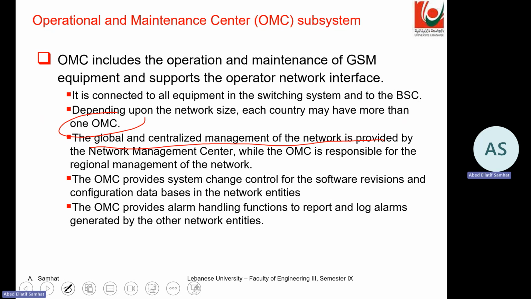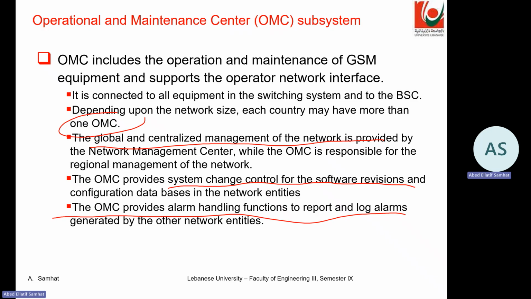So typically in the OMC, we have the maintenance and the regional management of the network. We have system change control, all software updates and revisions and configuration, and all alarms regarding any problem. Let's say if you have some problem or loss of connection in a certain area, at the OMC level we are able to detect it.